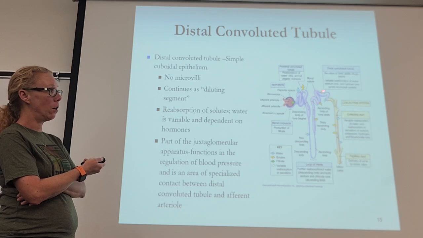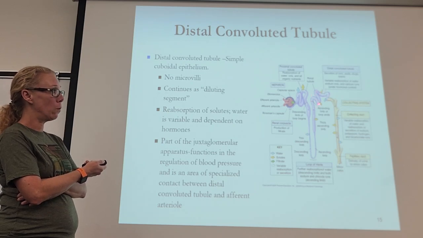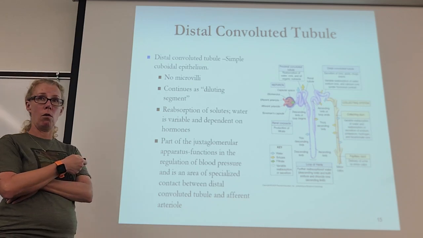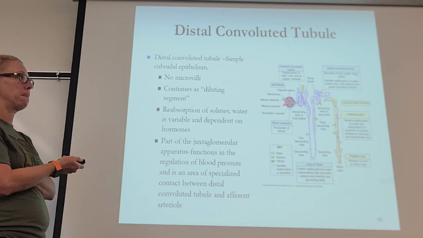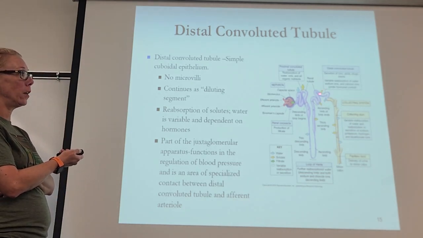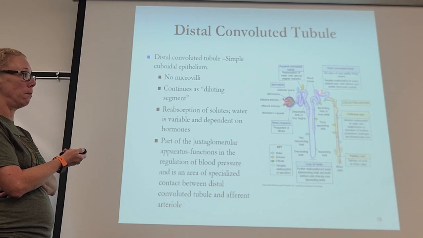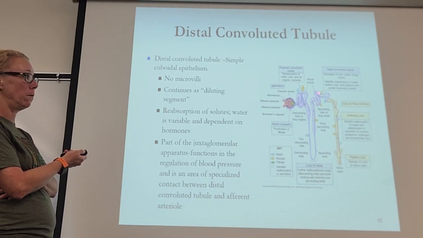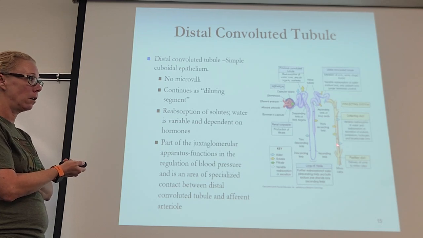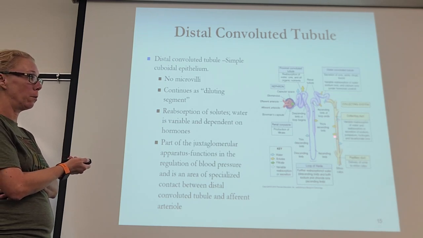And then in the distal convoluted tubule, we get reabsorption of water and solutes. Water is dependent on hormones. Okay? But then you also can get secretion from the bloodstream going into the distal convoluted tubule. Okay? And then finally in the collecting duct, you can get reabsorption of water.